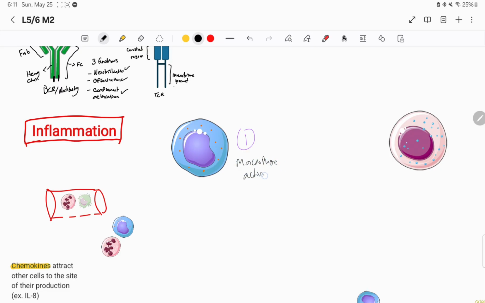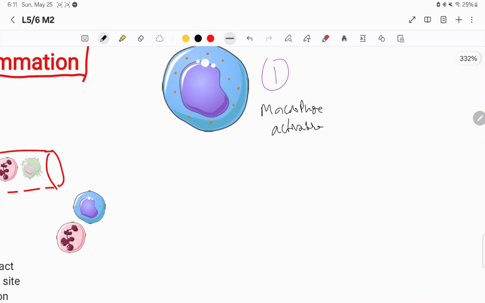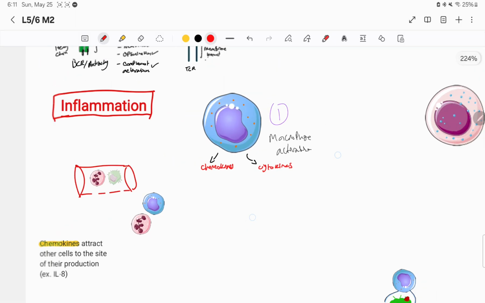A resident tissue macrophage initiates the process of inflammation, and it is done when the macrophage is activated. When this macrophage becomes activated, it starts releasing things. It releases chemokines and cytokines. What are chemokines and what are cytokines?